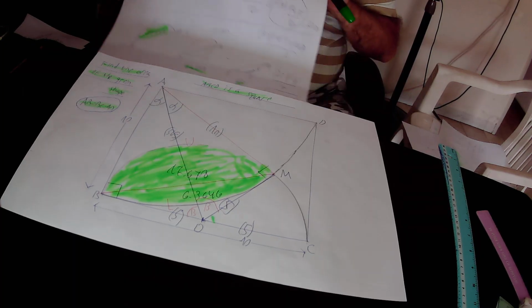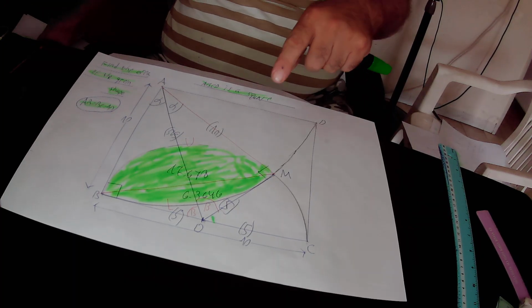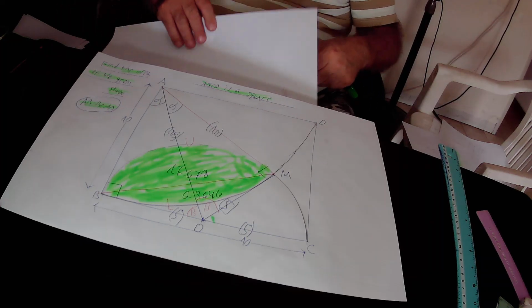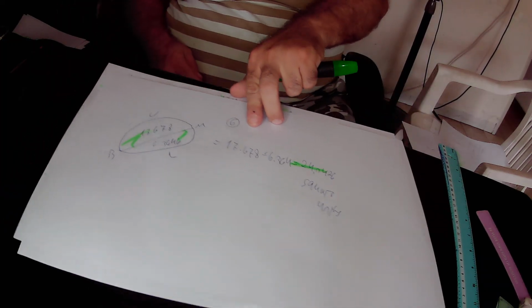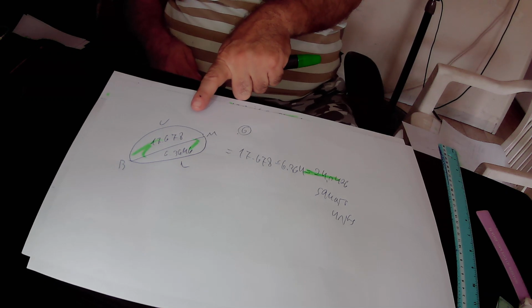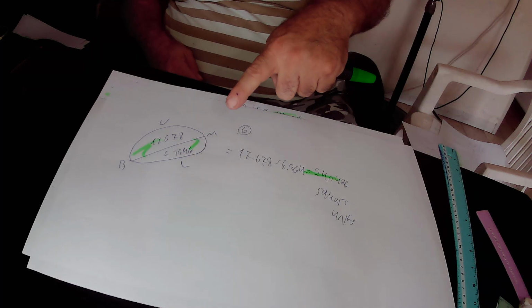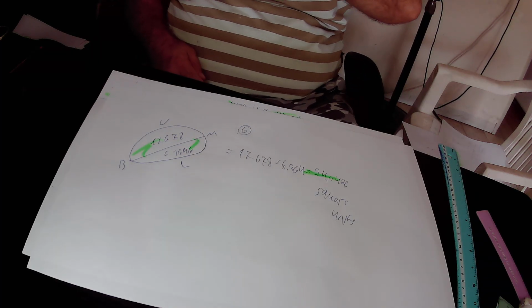Therefore, the area of this green shape will be equal to the area of the upper segment BUM, that is 17.678 square units, plus the area of the lower segment MLB, that is 6.3646 square units.